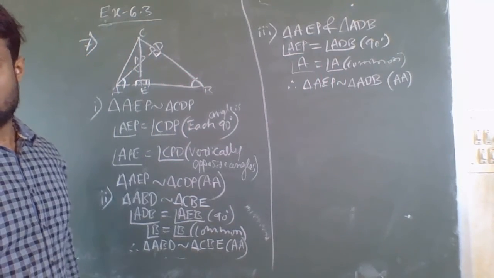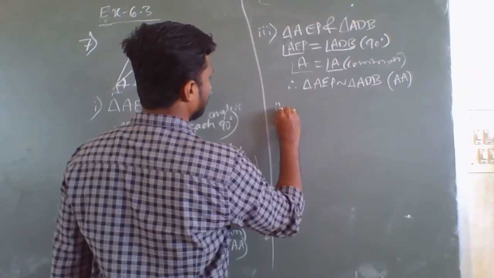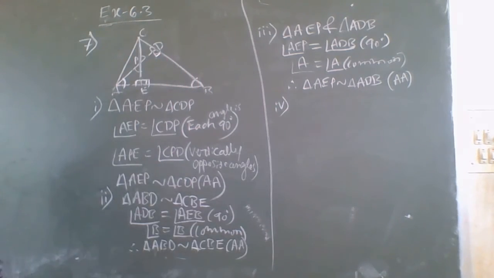Like this only, the fourth one. In the fourth question, what are they asking here? Triangle PDC and triangle BEC.